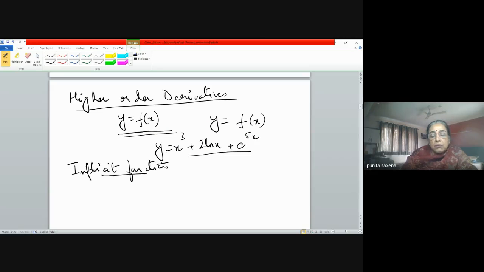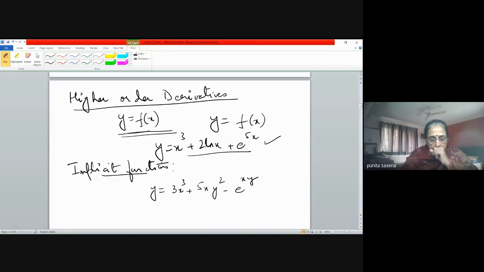Now, whether we have an explicit function like this, or an implicit function where we cannot separate out terms, like I can have an equation like y equal to 3x cubed plus 5xy square minus e to the power xy.